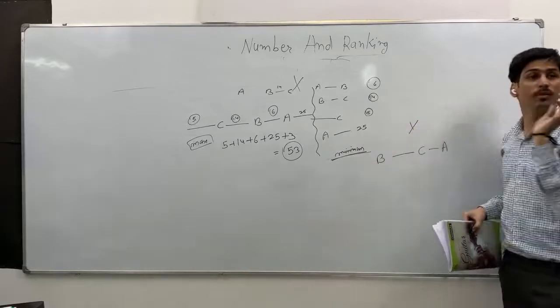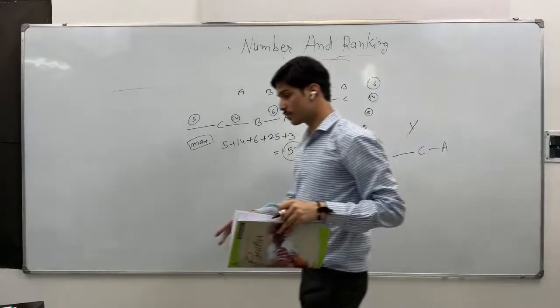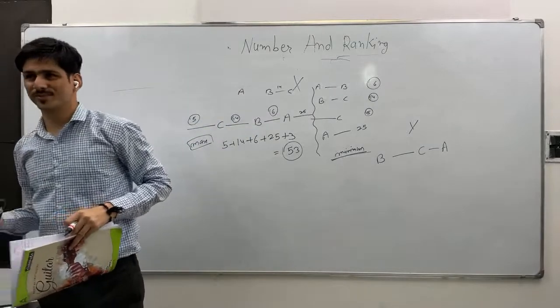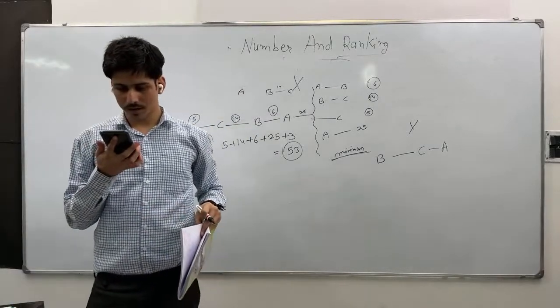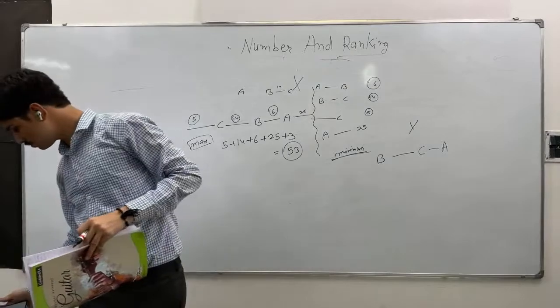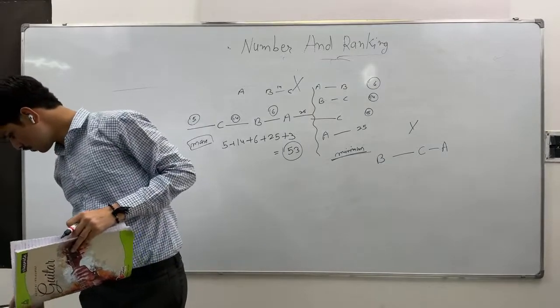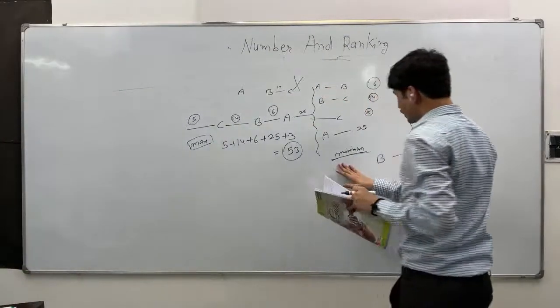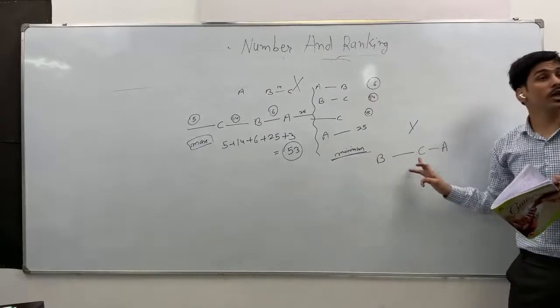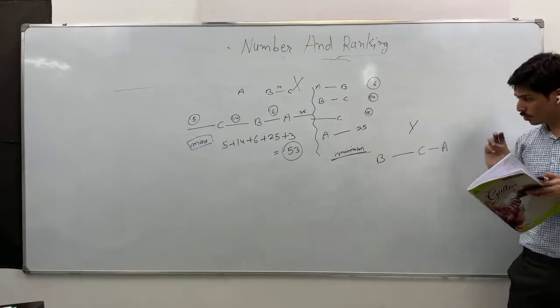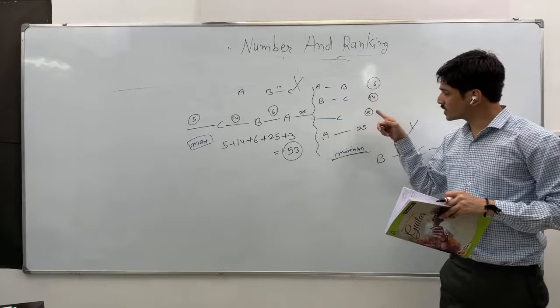This case won't be possible. You see, for the minimum number of students, C cannot come in between A and B because they are already given the instruction.